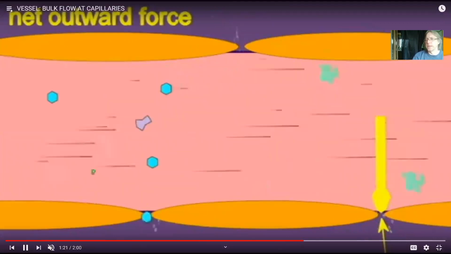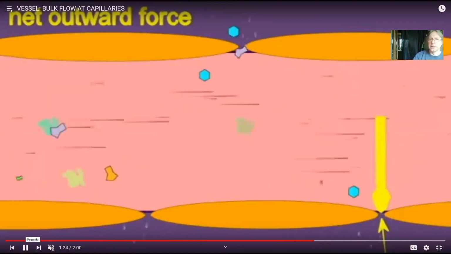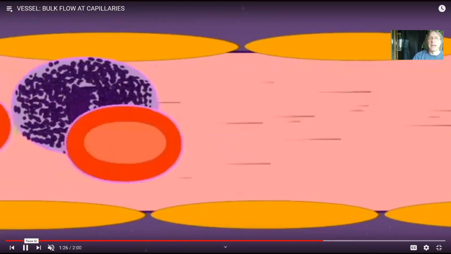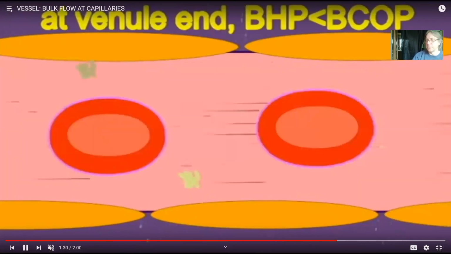So that's great. However, that's then a problem because you've lost fluid out of your blood, and by the end of the day, you will need it back. So that fluid which just left, it has to come back. And it does at the other end of the capillaries, the venule end. At the venule end, you might notice that the bubbles are flowing inward.